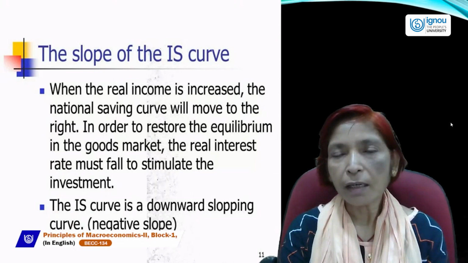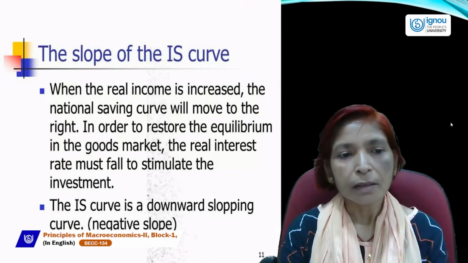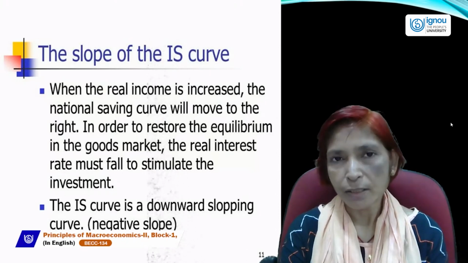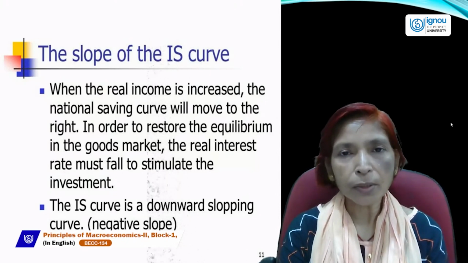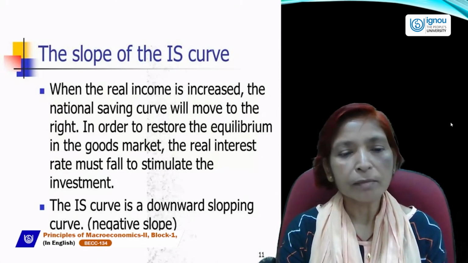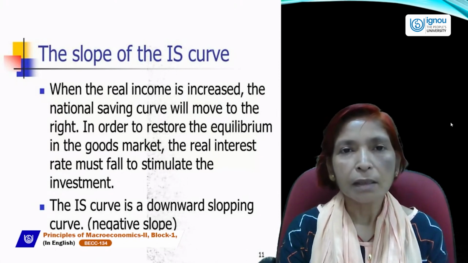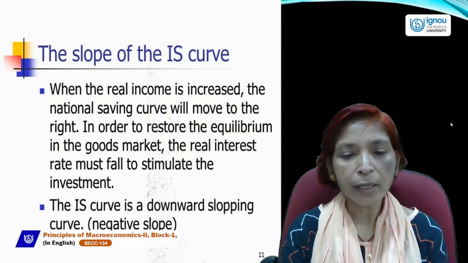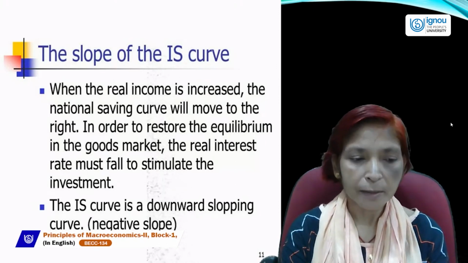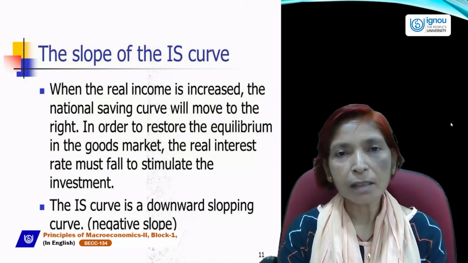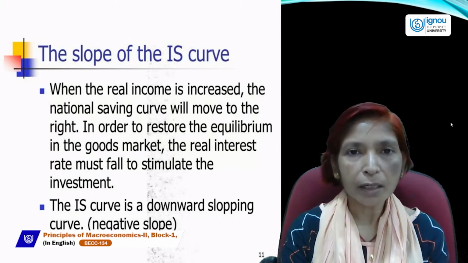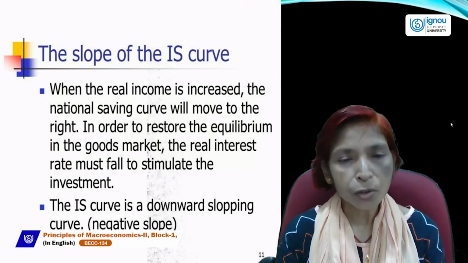When the real income is increased, the national saving curve will move to the right. In order to restore the equilibrium in the goods market, the real interest rate must fall to stimulate investment. The IS curve is generally a downward sloping or negatively sloped curve.